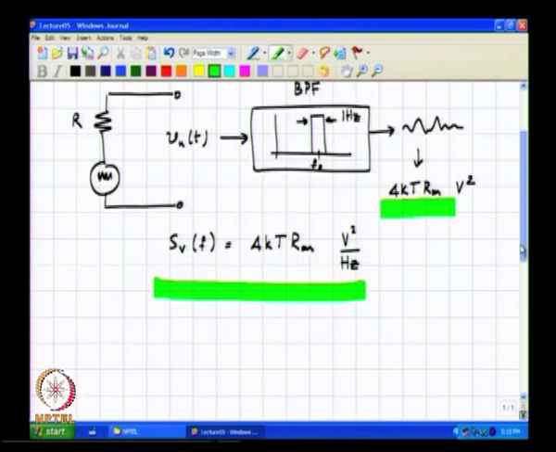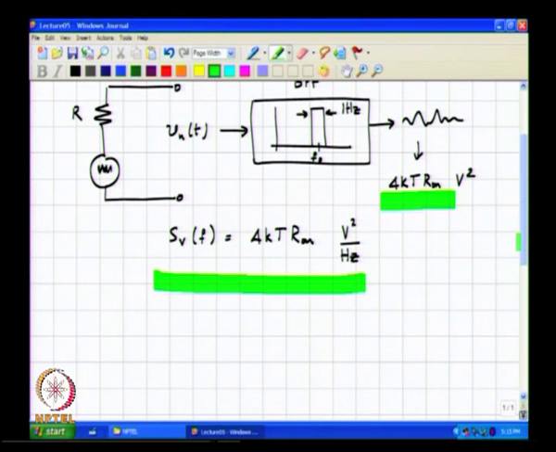Since regardless of f naught the mean square value is 4 kT times R on volt square, it means that as far as the input signal is concerned, it must have energy or power at the same concentration regardless of frequency.